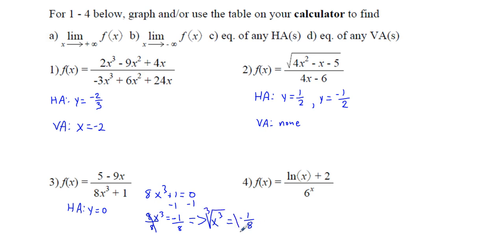The cube root and cube cancel each other, so x is going to be equal to the cube root of negative 1/8, which is negative 1/2. So our vertical asymptote is going to be the equation x equals negative 1/2.